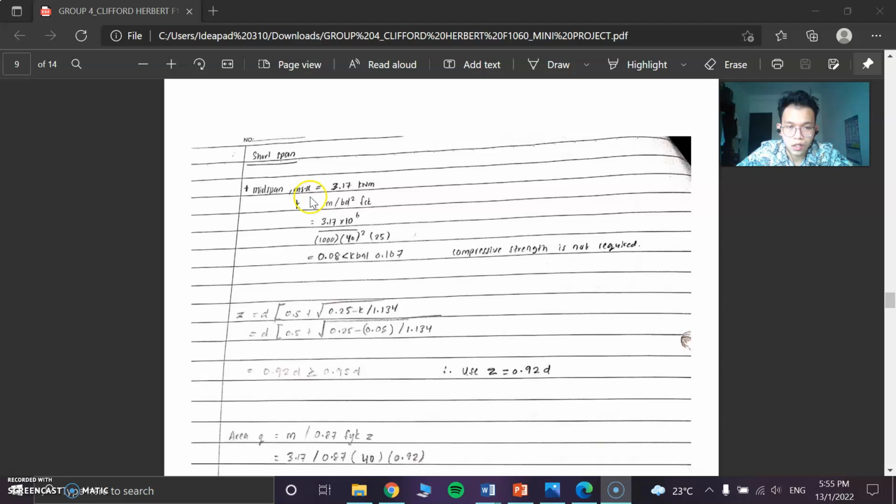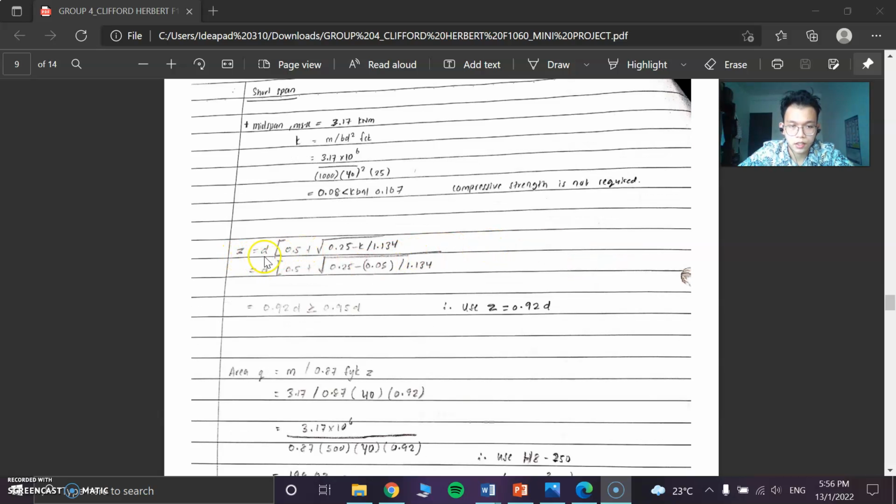Short span for mid span is 3.717 kilonewton meter, and for the K, I've got 0.08, that is K bar, less than 0.167, so the compression reinforcement is not required.